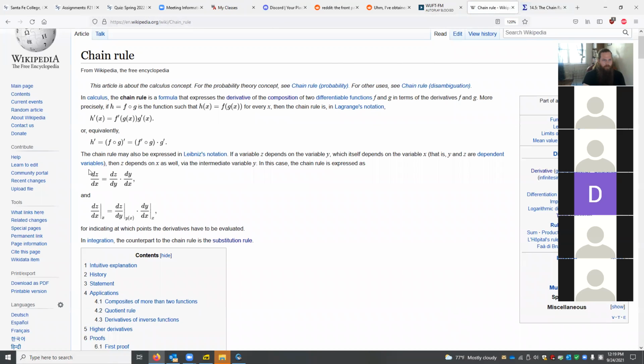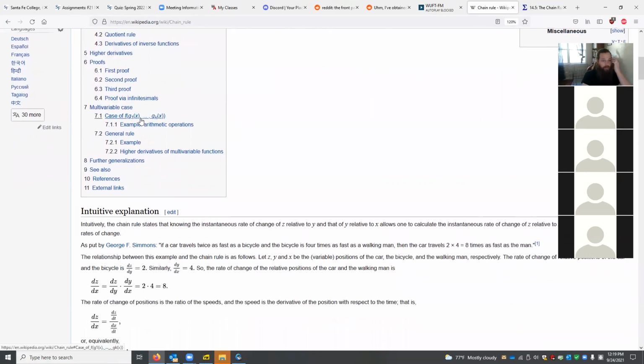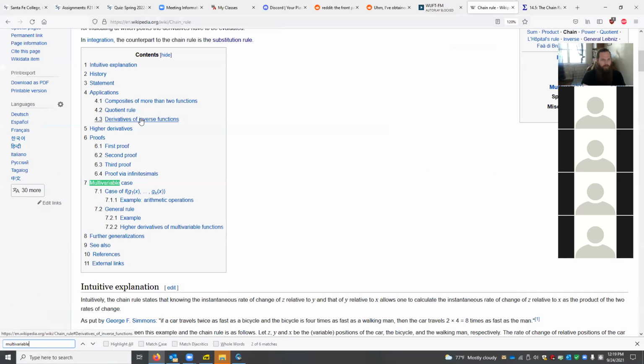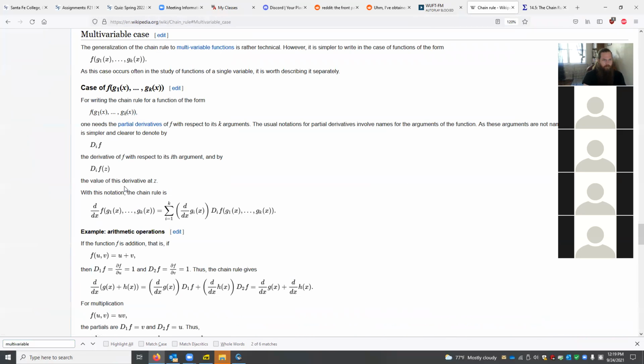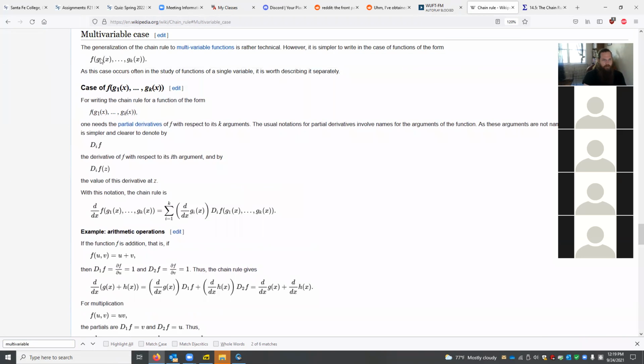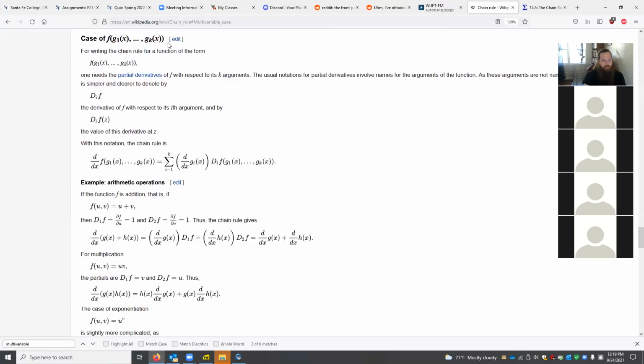So here's what we've seen, right? Here's the kind of nice notation. But the multivariable version says if you have many functions, right? A function, say, of many variables, and each one of those variables is itself a function.